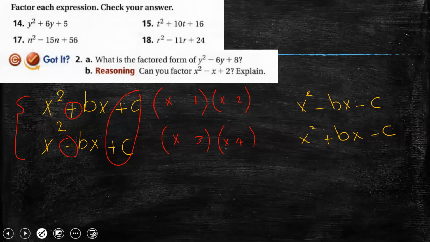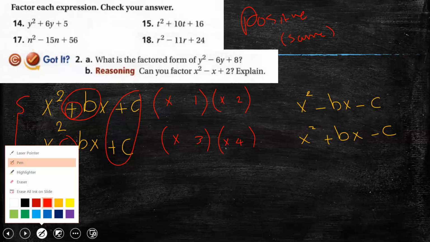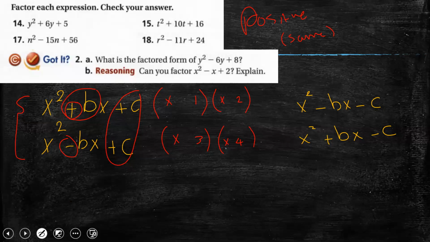Since the sign of c is positive, that means we have the same sign. Which sign should I write? I will look at b. What is the sign of b here? Positive, plus. I told you same. Same plus here and here.